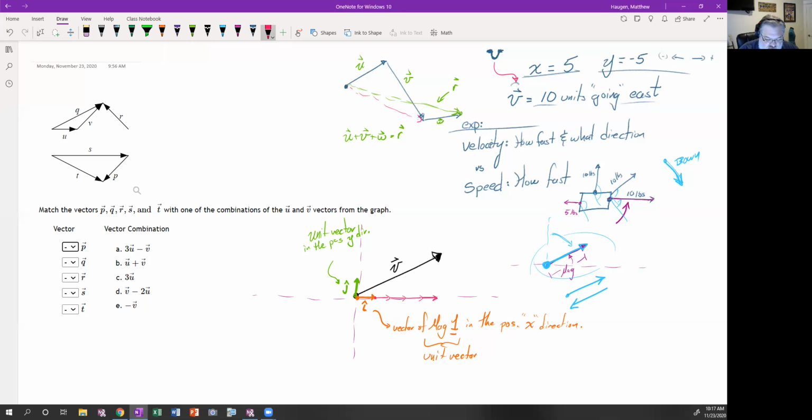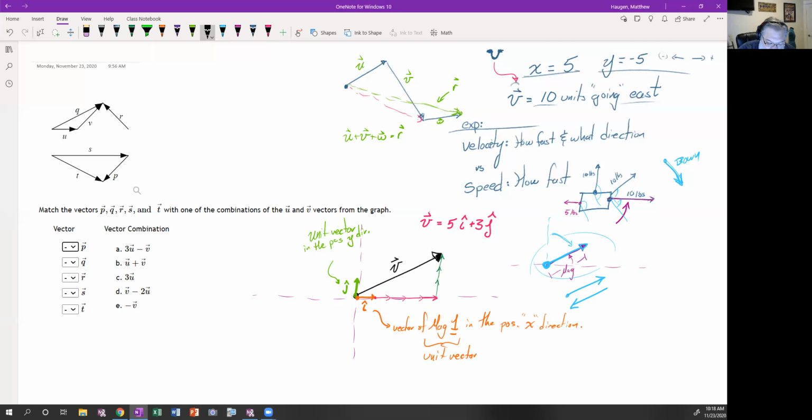This looks like 1, 2, 3, 4, 5 i's. So 5 i's. And then it would take what looks like 1, 2, 3 j's. So plus 3 j hat gives us a component form for that vector. Essentially, it makes that vector out of building blocks. Fair?